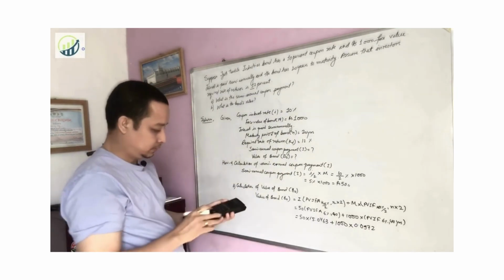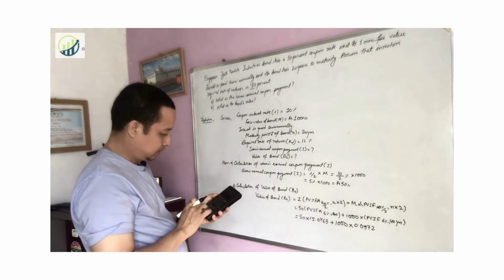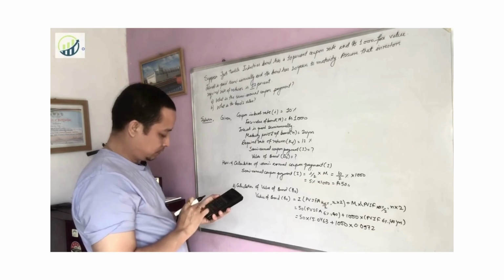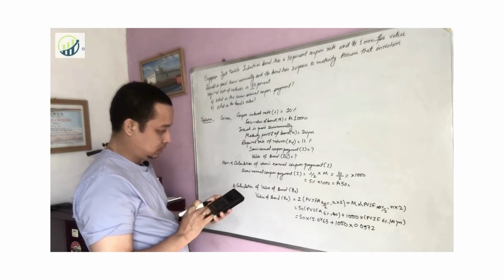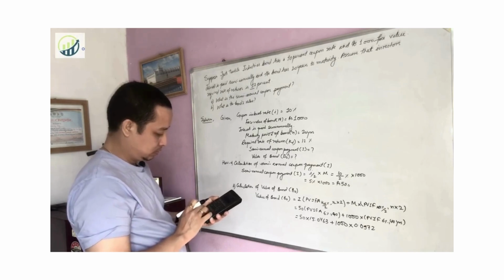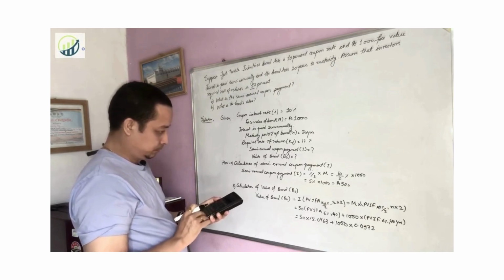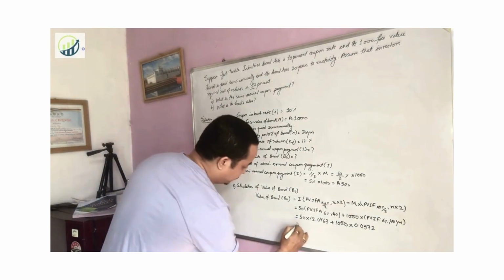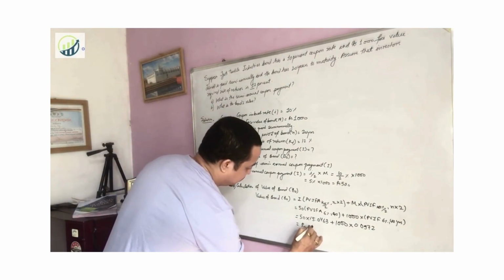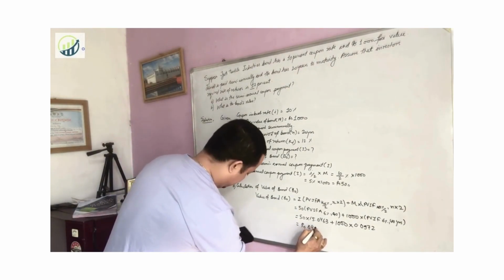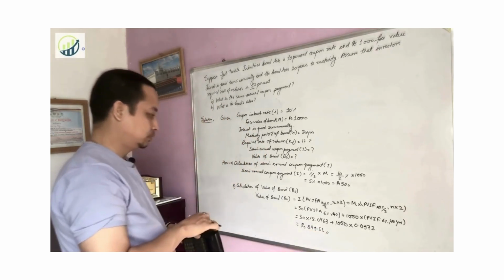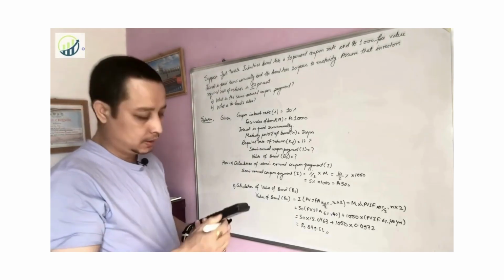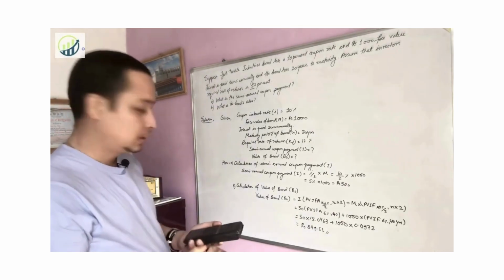Now multiplying and adding, you will get the value of bond, rupees 849.51. This is the value of bond when interest is paid semi-annually.